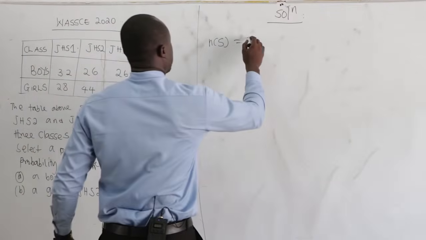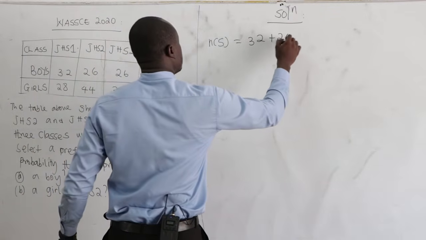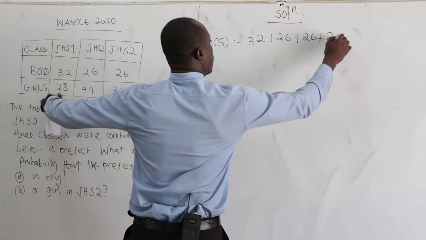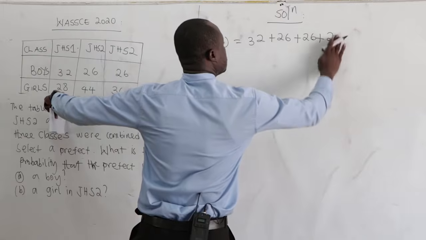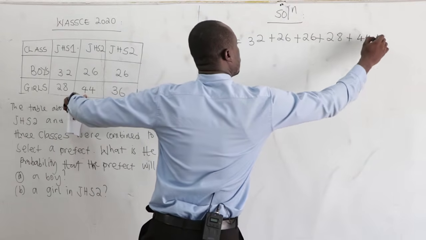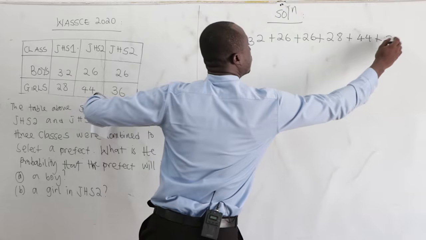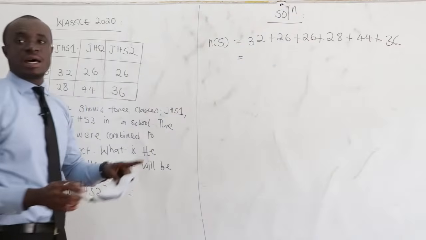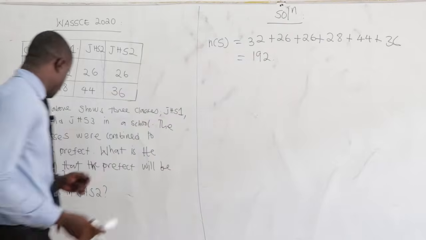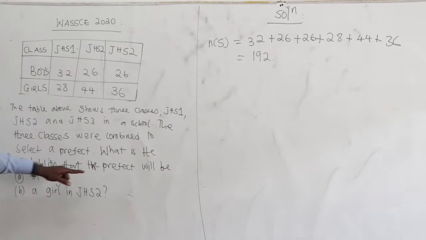So here we have 32, 26, 26, we have 24, that is 28, we have 44, and then also we have 36. Now when you add all, this is giving us 192. Now the question says, what is the probability that the prefect would be a boy?